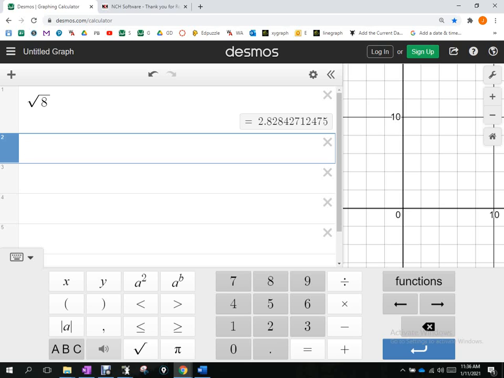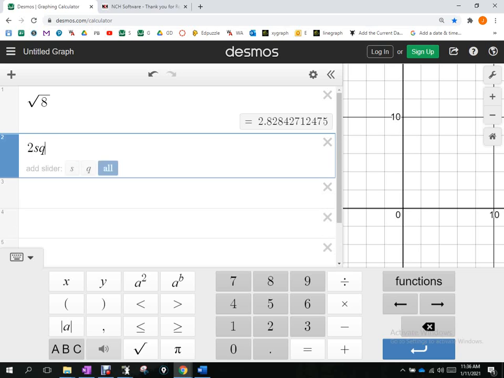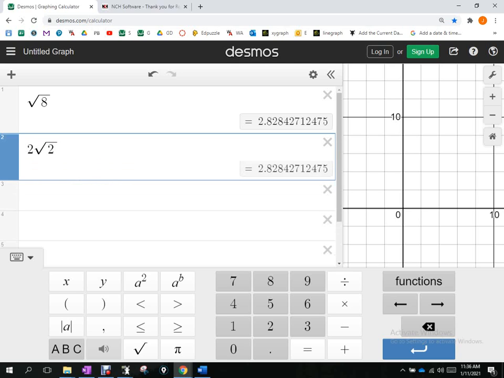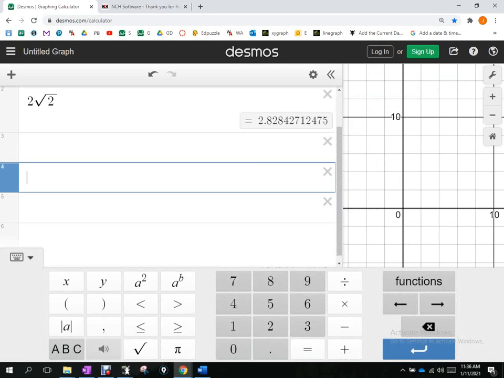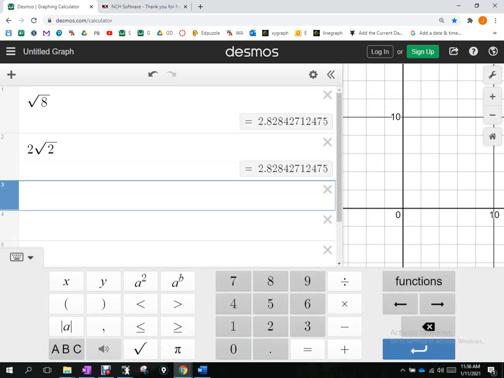So I get radical 8, gives me 2.828, right? If I want to see that I've done this correctly, I should be able to type in 2 radical 2. Does it generate the exact same decimal? Does that make sense to everybody? So because it does generate the exact same decimal, I've got equivalent format. Okay.